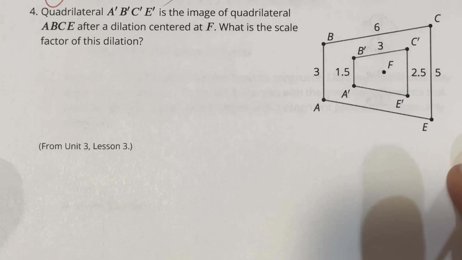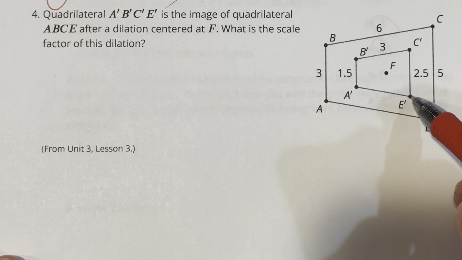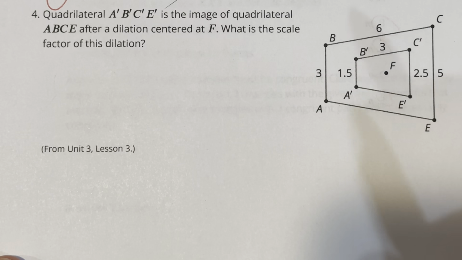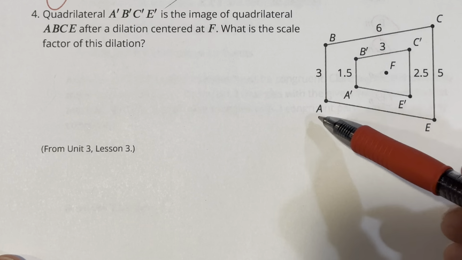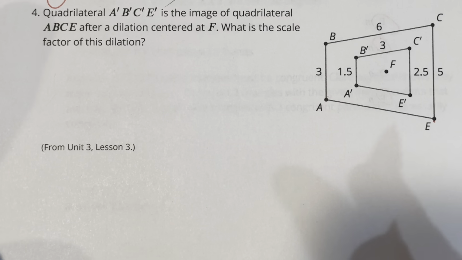All right, number 4, quadrilateral A prime, B prime, C prime, E prime is the image of quadrilateral A, B, C, E. Quadrilateral is a 4-sided polygon.